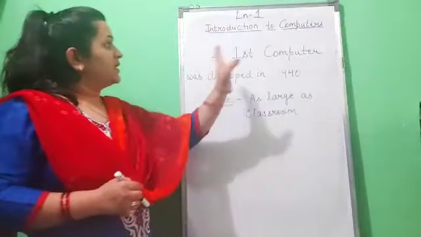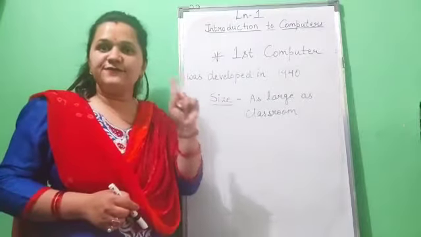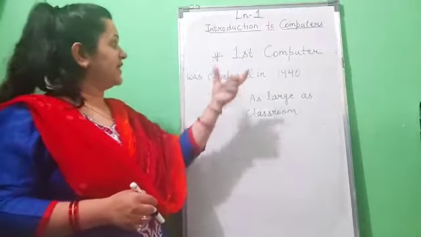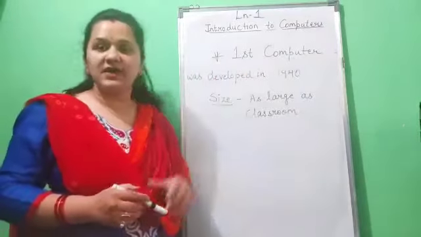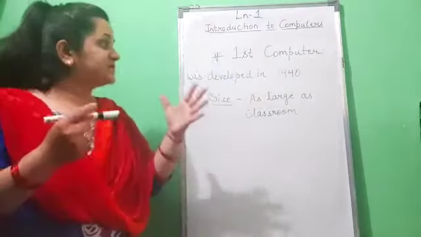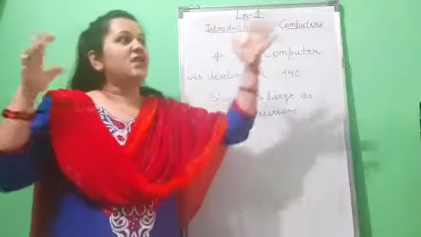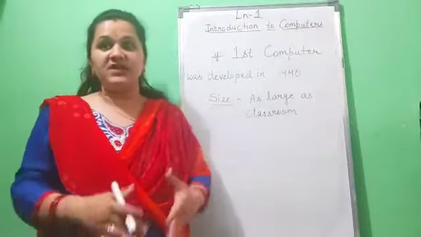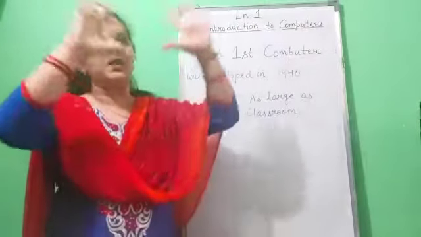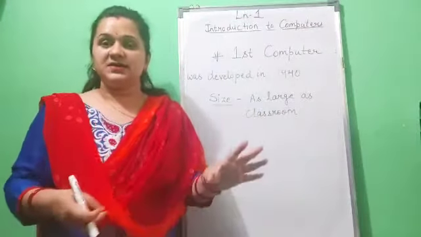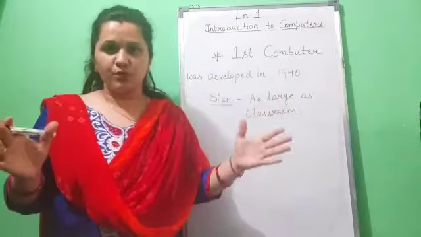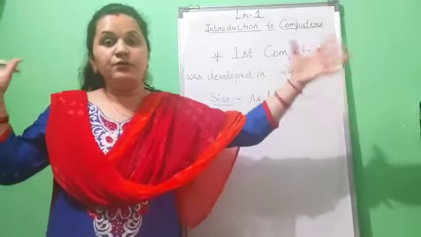Now children, the very first computer was developed in around 1940 and its size was as large as a classroom. It is a kind of big computer, the size of a room. They occupy a full room.